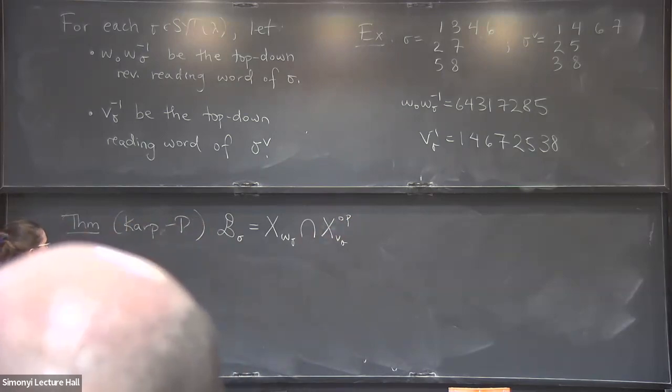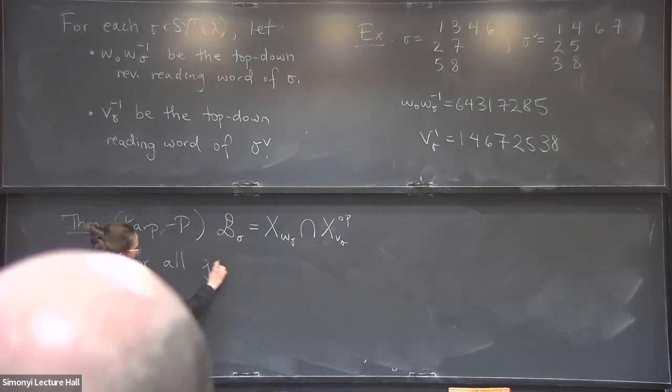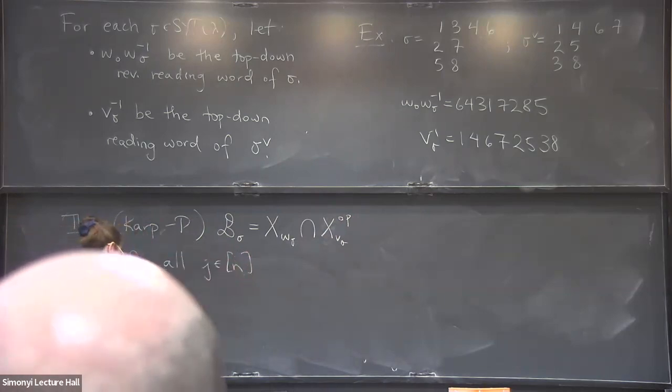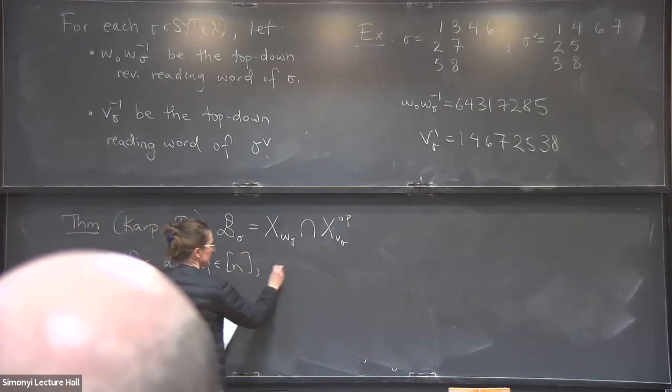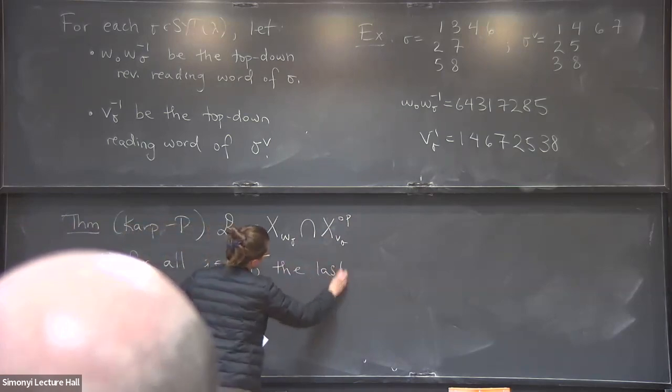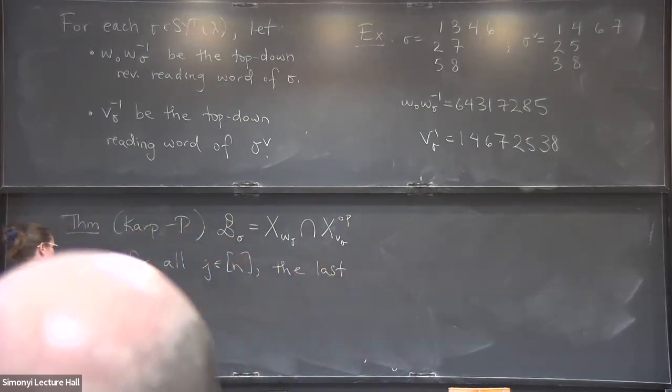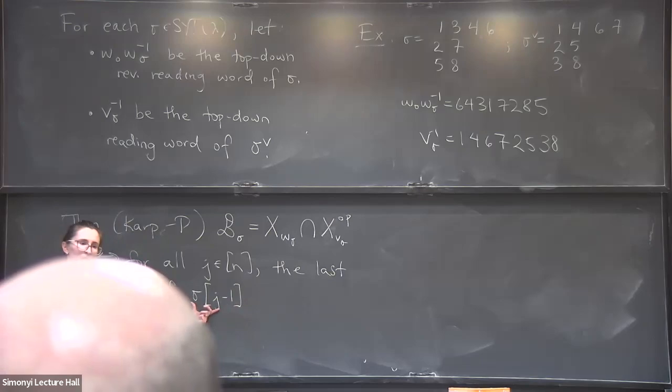If and only if, for all J in N, the last entry of sigma, let me write it as J minus 1. This means you restrict your tableau to the entries 1 through J minus 1.